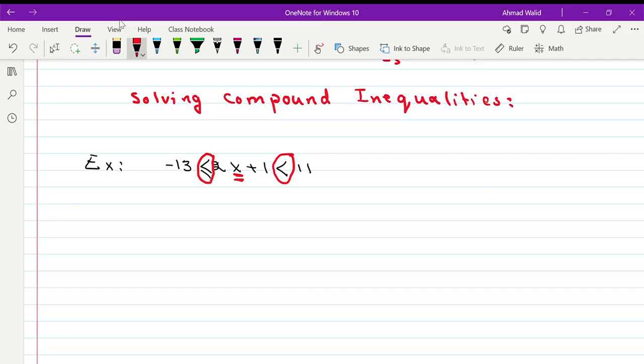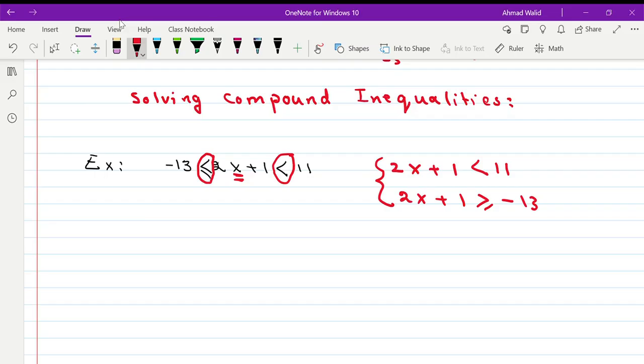If I separate them, you have this one, 2x plus 1 less than 11, and 2x plus 1 greater than or equal to negative 13. Some professors want to teach you this way. Separate them, then solve them, then draw both of them on one number line, and after that write your answer in interval notation. I like it, but what is the problem?